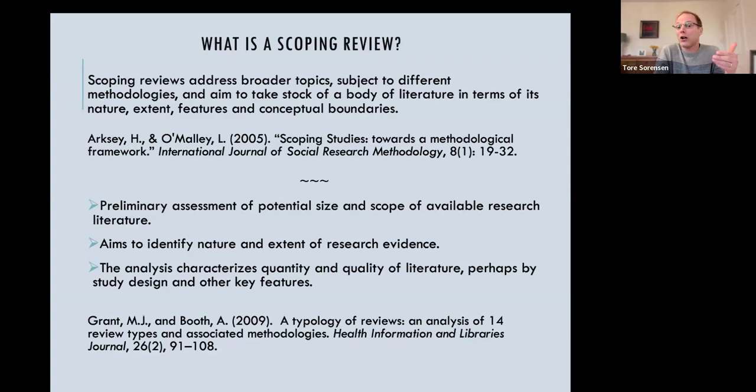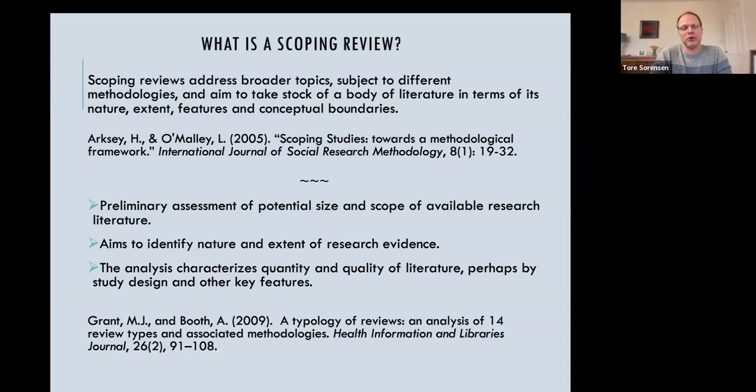They aim to take stock of a body of literature in terms of its nature, its focus, its extent, or its size, the defining features of that literature, and also the conceptual boundaries towards other research issues. That is obviously a very broad definition, but I think it's a useful starting point. Certainly it has been for me and the colleagues I've worked with when we have been undertaking scoping reviews.